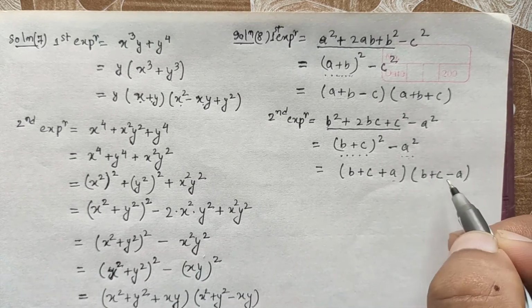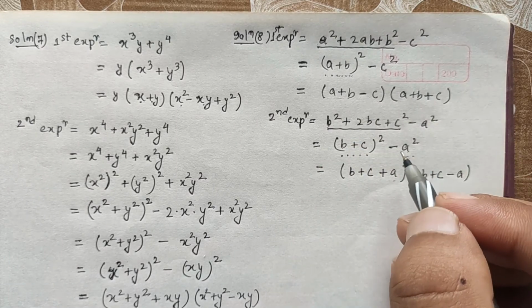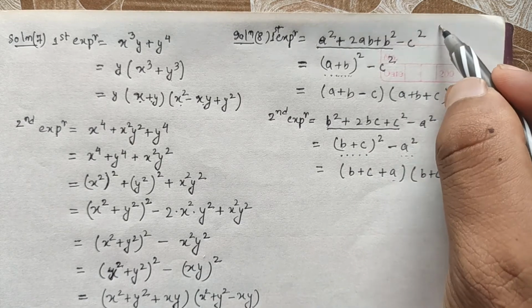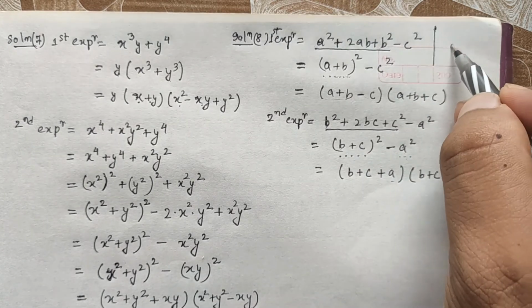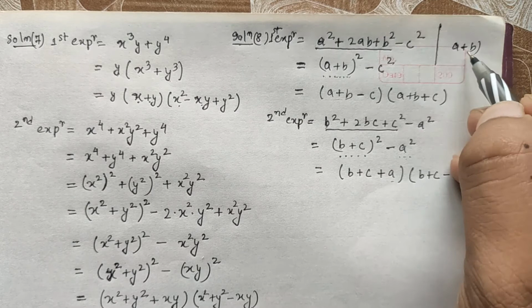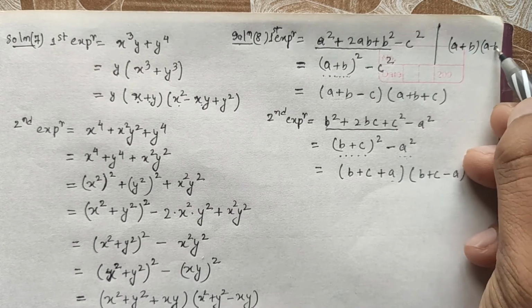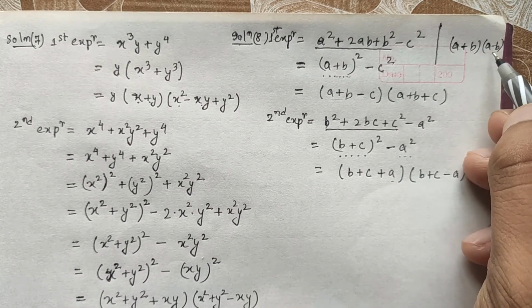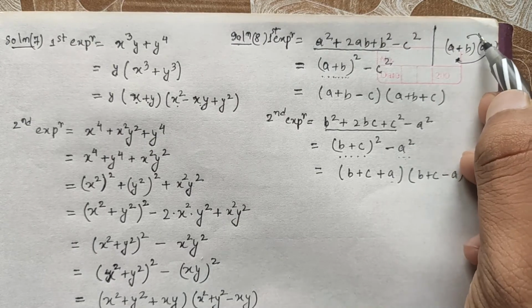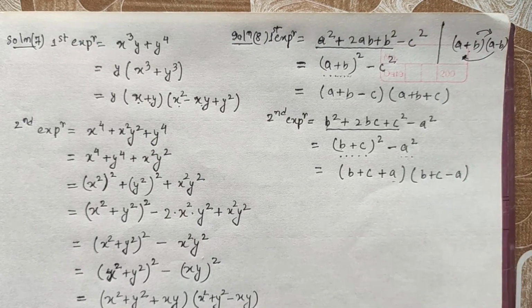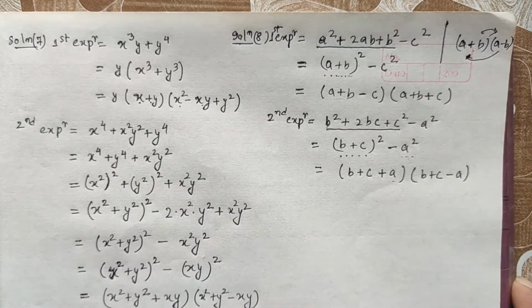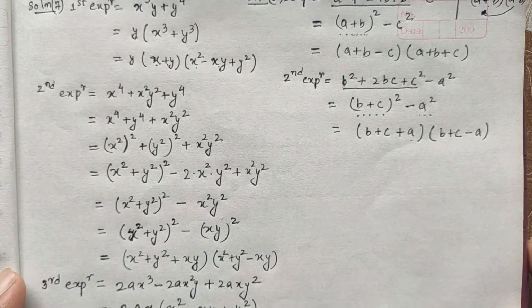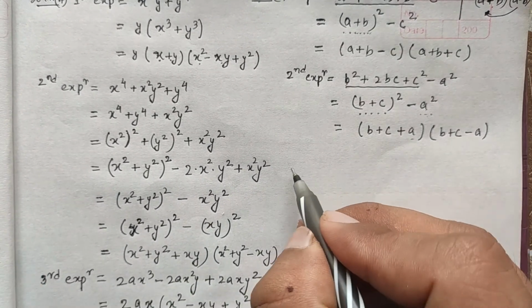A plus b, a minus b, or a minus b, a plus b, same thing. Don't be confused. The formula for a square minus b square is a plus b into a minus b. Either you can write it here, or you can write it here. It does not matter in the case of multiplication. Understood? So let's see the third expression.